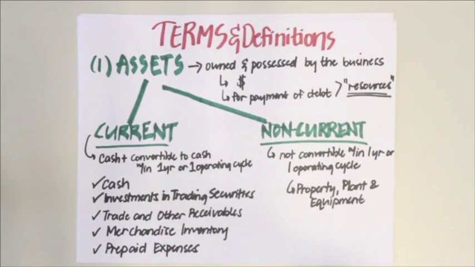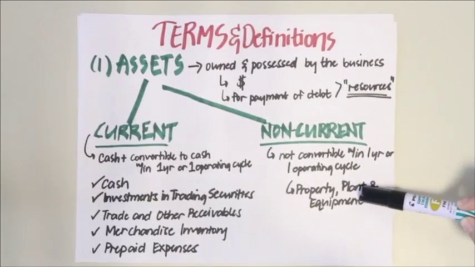Non-current assets, on the other hand, are, as implied by the name itself, those that are not current. They are assets which are not expected to be converted to cash or used within 1 year or one operating cycle, whichever is longer. So for basic accounting students, you would only be focusing on property, plant, and equipment.